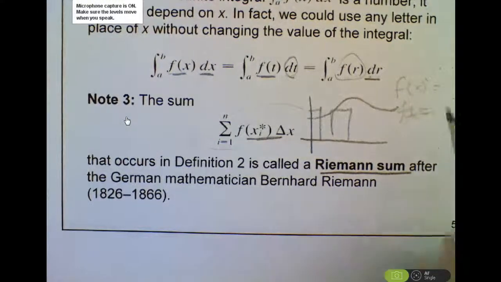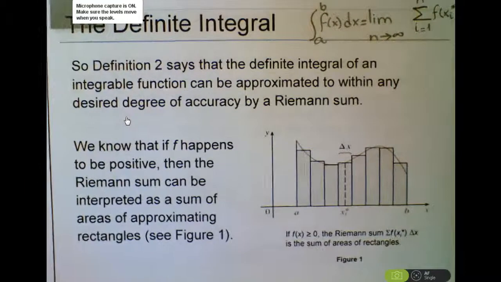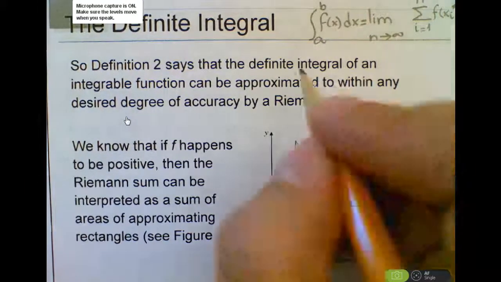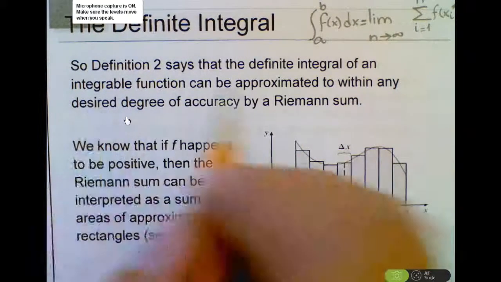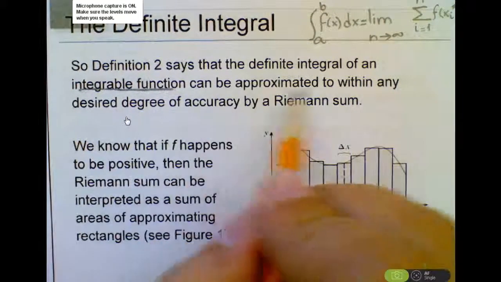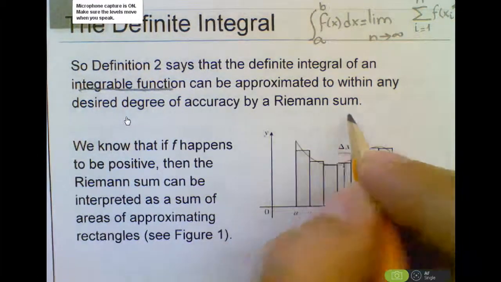So that's a Riemann sum, and we can have a Riemann sum using right endpoints and left endpoints. So it says now the definite integral of an integrable function. We're going to talk about what this is. It says can be approximated to within any desired degree of accuracy by a Riemann sum.